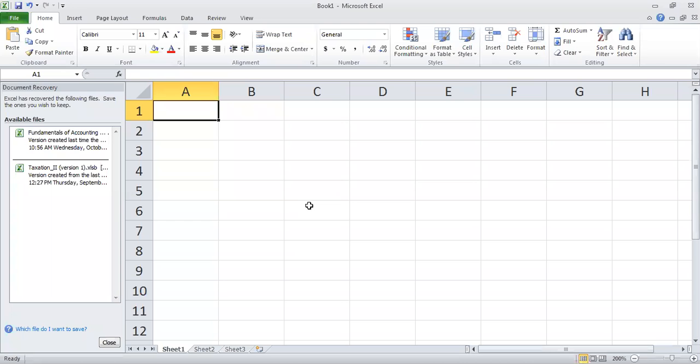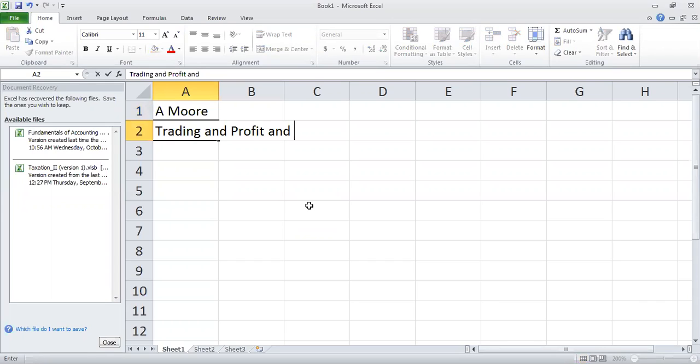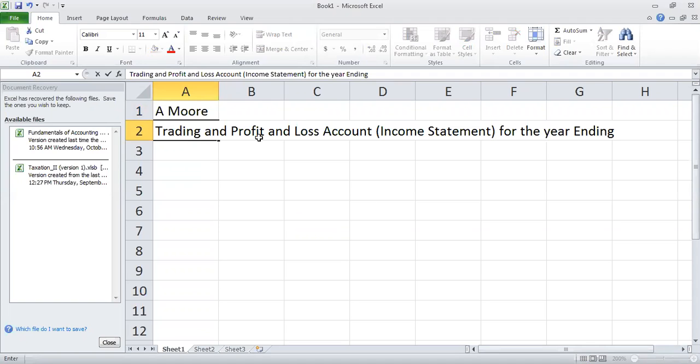So therefore, you would have AMOR, and you'll have trading and profit and loss account. And in brackets, you want to write income statement. When you're doing your work, you can either use income statement or trading and profit and loss account, all right? For the year ending, I'm going to wrap this text, right? I'm going to merge this and wrap it so you don't go too far out.